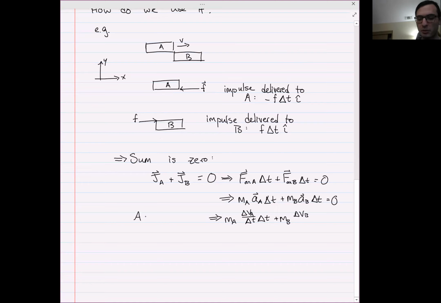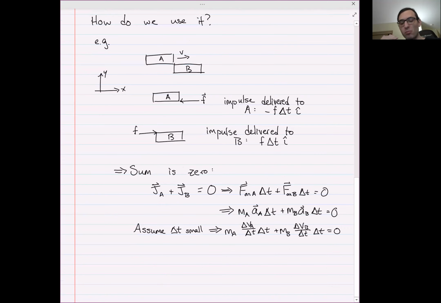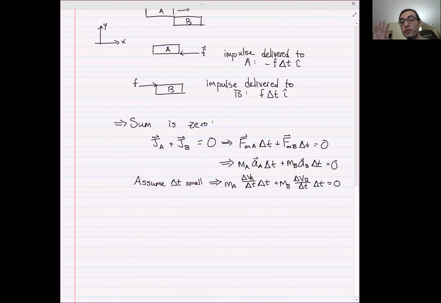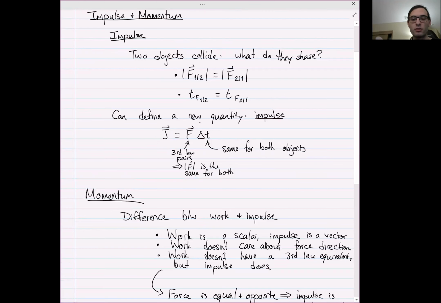We have to assume delta T is small to get this fact, but this is just an approximation we're doing anyway. This is equal to 0. In the formula for impulse, F is the force vector, not a magnitude, because impulse is a vector.